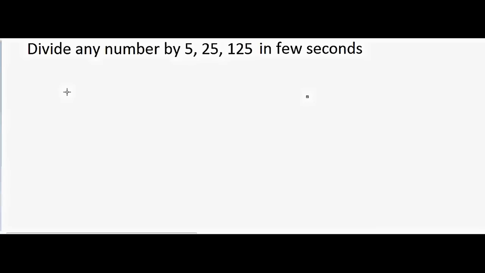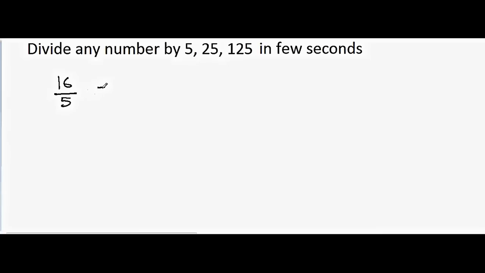So how the trick works: suppose I have the number 16 and I want to divide it by 5. Usually if you try to divide this, you have to use some math, and it can take you some time, and some people even like to use a calculator for it.